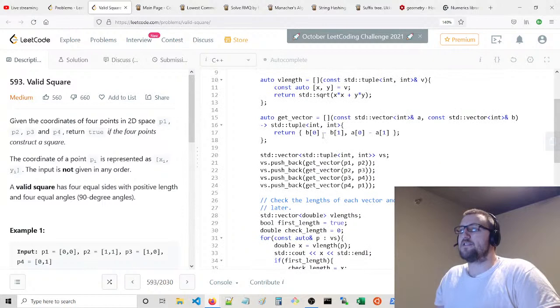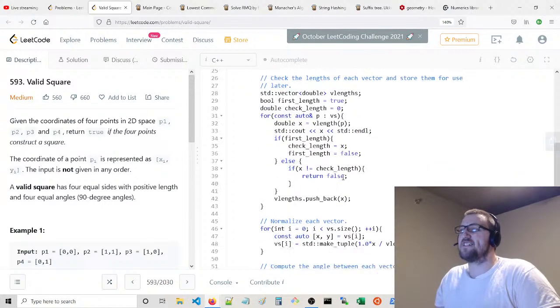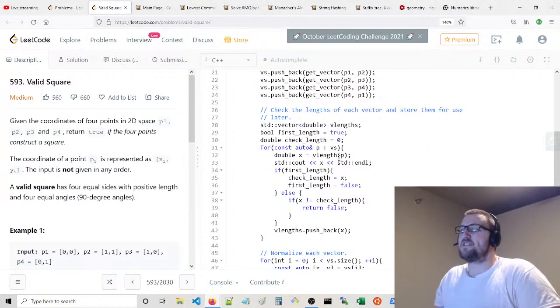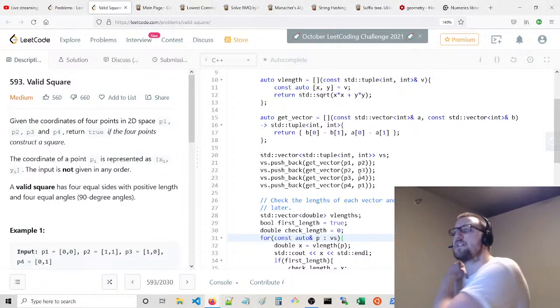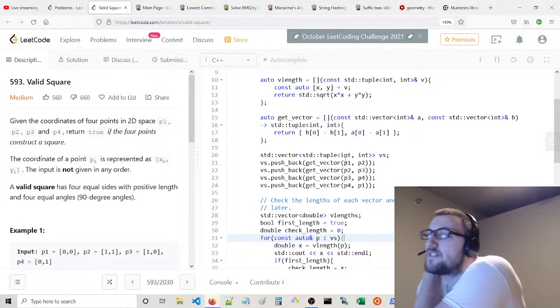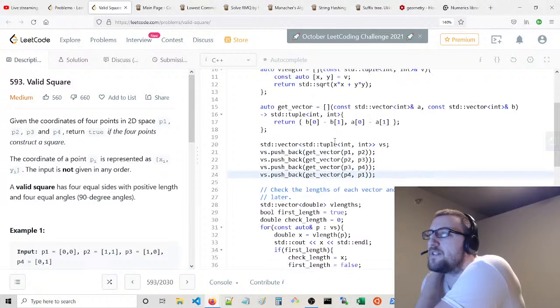Okay, so we got really the first length. Vectors. So we get these vectors, and then you get P1, P2, P2, P3, P3, P4, P4, P1.